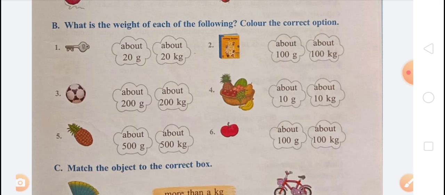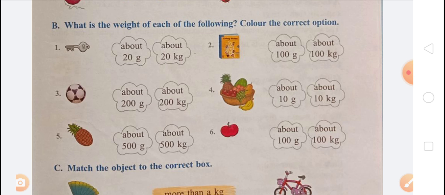In second there is a book, and the weight of the book is about 100 gram, so we color 100 gram. On third there is a football, and the football's weight is about 200 gram, so we color about 200 gram.